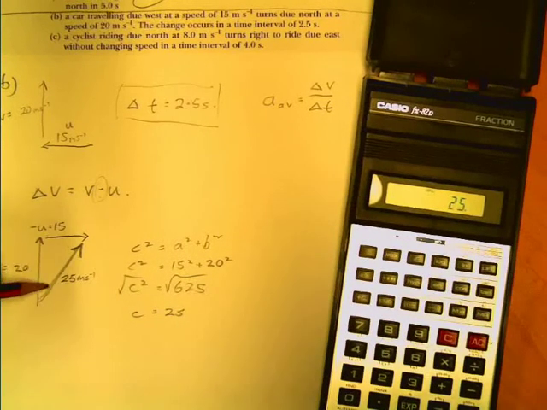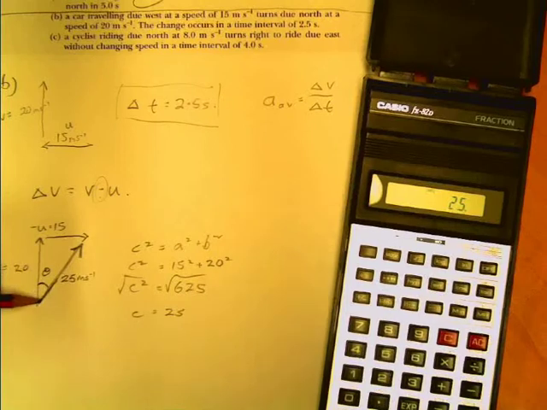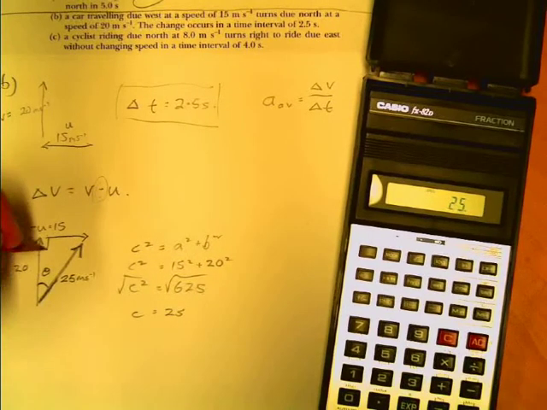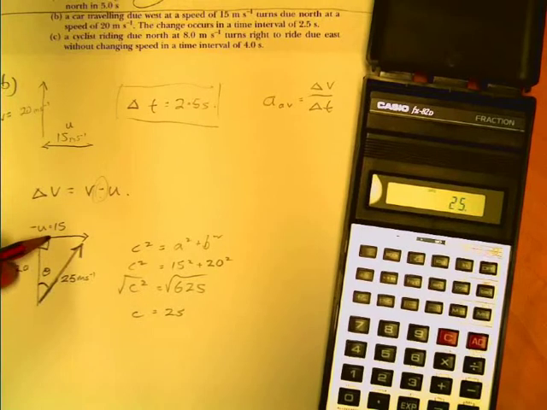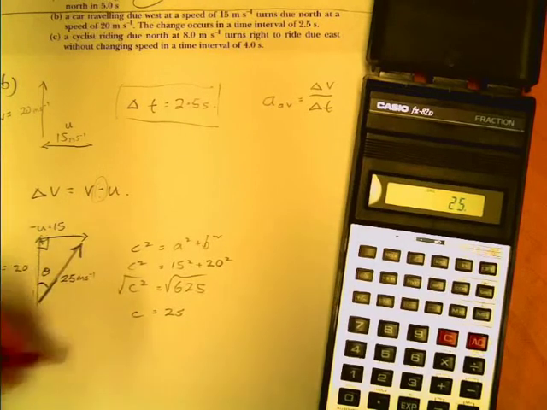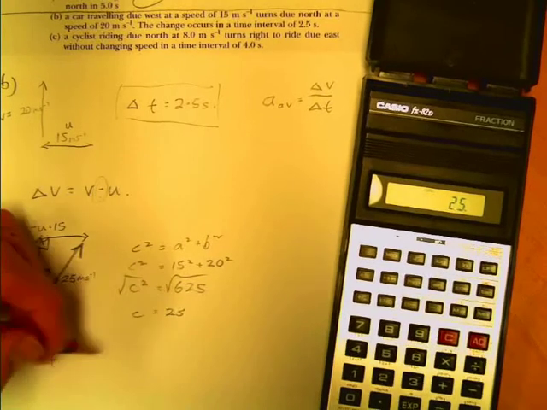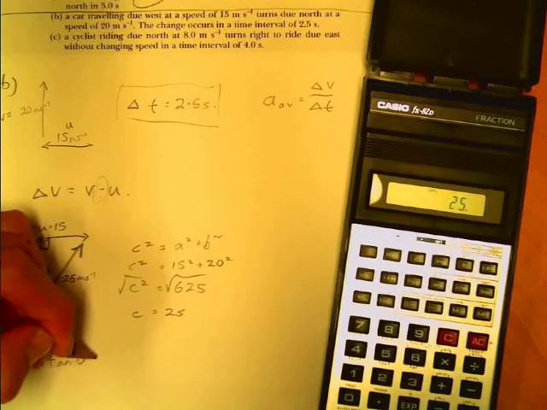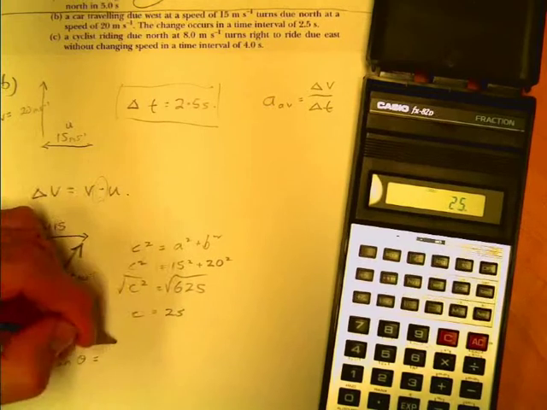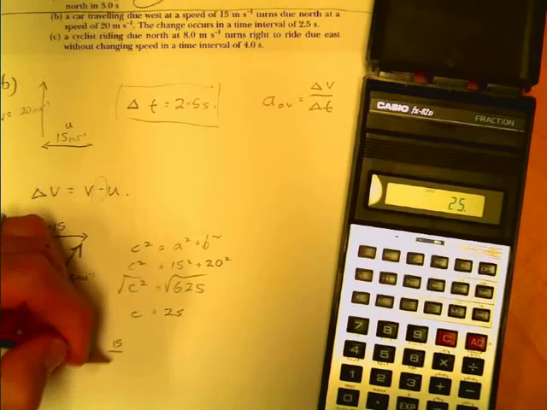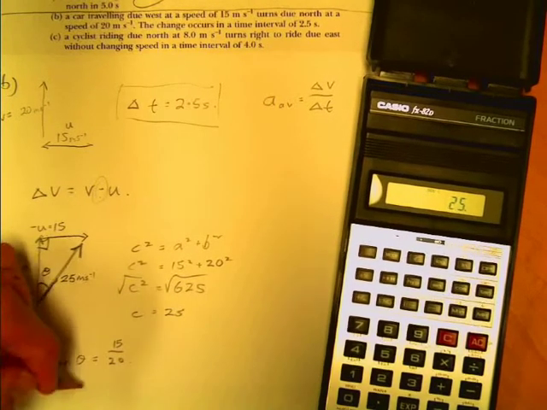So what we want to do is work out the angle in here, at the base of this vector. Which direction is it running off in? It's a right angled triangle, and we know our opposite and our adjacent. So tan theta is opposite over adjacent. Opposite is 15, adjacent is 20.